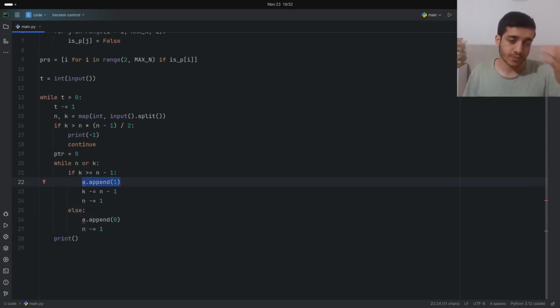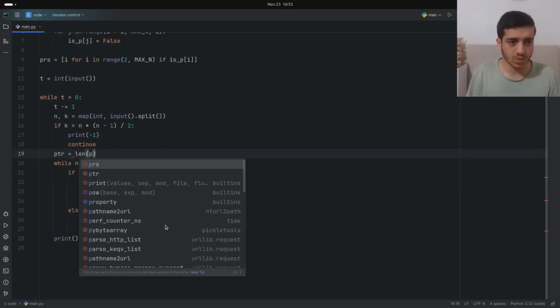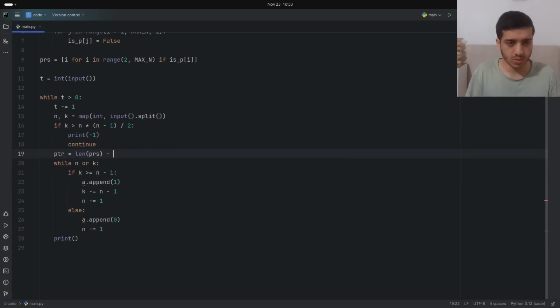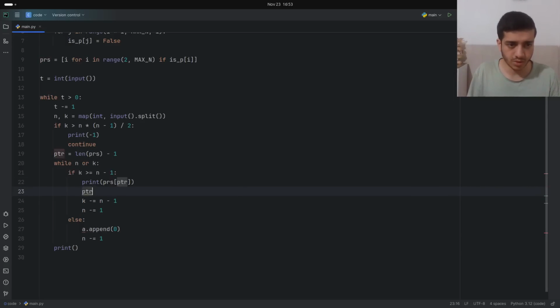So in this case we print PRs, PTR, and then PTR is equal 1.